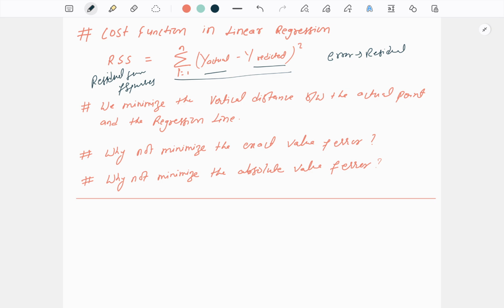We also discussed why we don't minimize the exact value of error, that is y actual minus y predicted, and why we don't minimize the absolute value of error, which means the modulus, only the magnitude part.